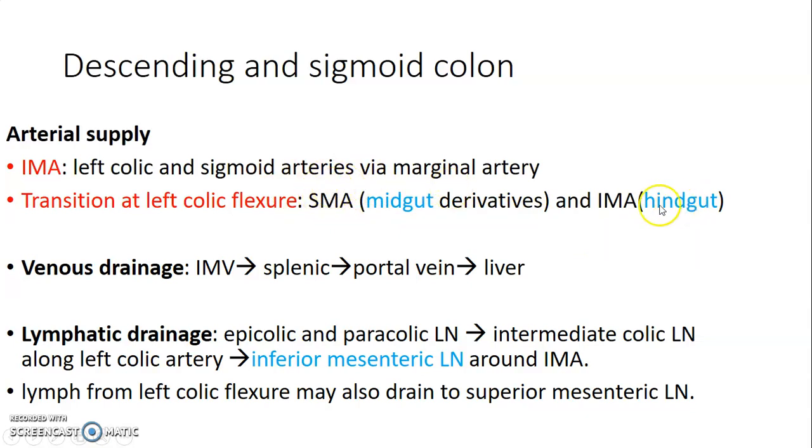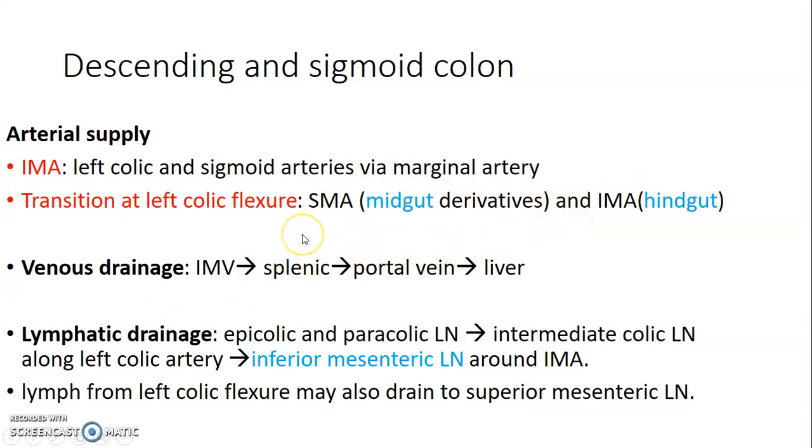Distally, the descending colon is supplied by the inferior mesenteric. That shows that anything before the left colic flexure is midgut derivative, and anything downwards is hindgut derivative, because the inferior mesenteric artery is from the hindgut and the superior is from the midgut. You find that out from your embryology.